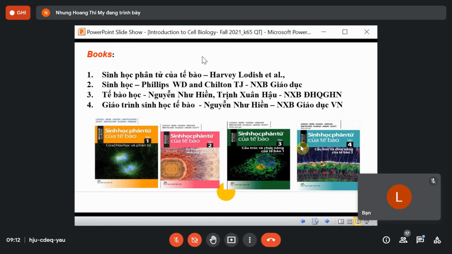This book is already translated into Vietnamese, and it is also a famous book for biology students all over the world. This book was written by Professor Harvey Lodish at MIT.